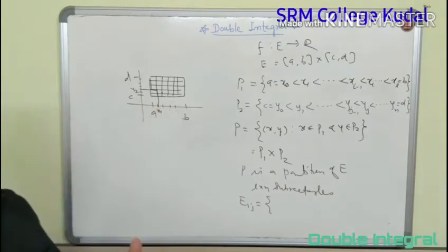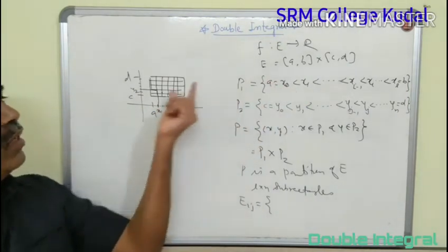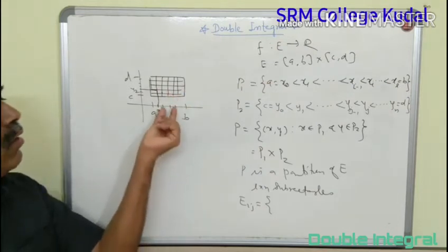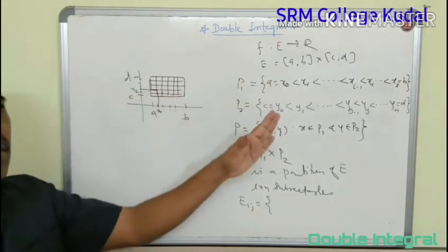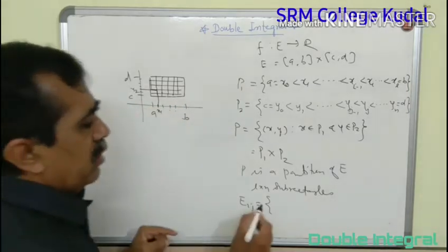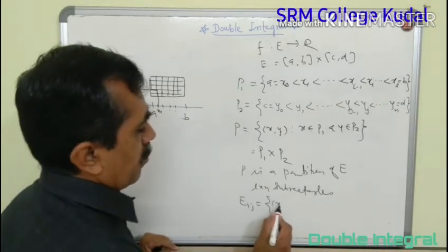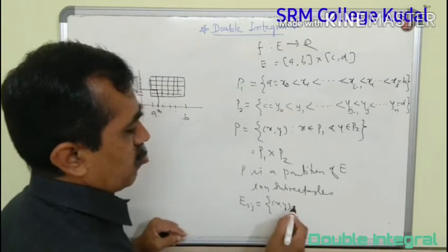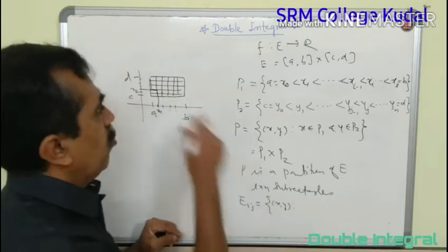As all of you know, the partition of any interval divides the interval into sub-intervals, maybe of equal length or maybe of unequal length. Eij is the sub-rectangle which consists of the set of ordered pairs (x,y).